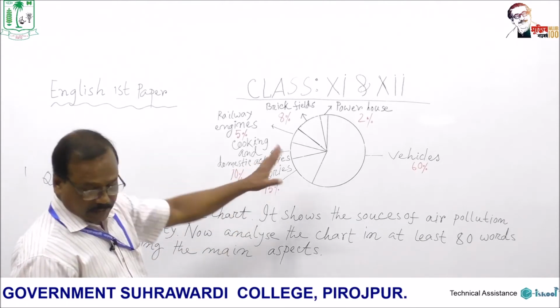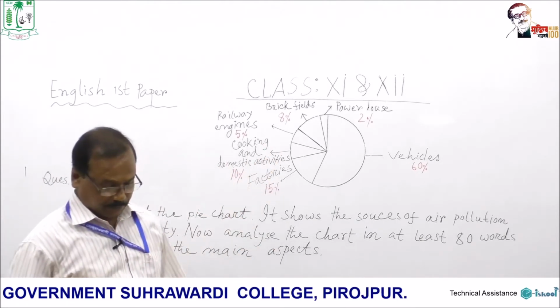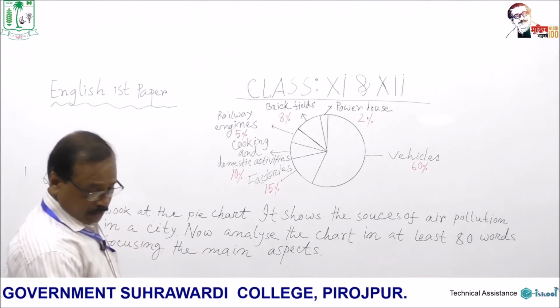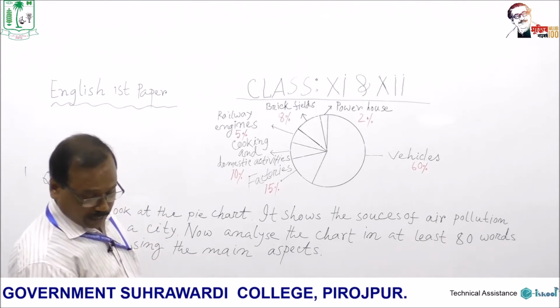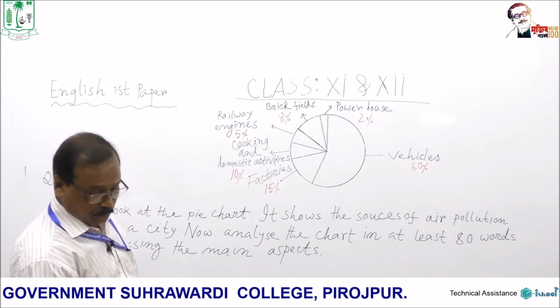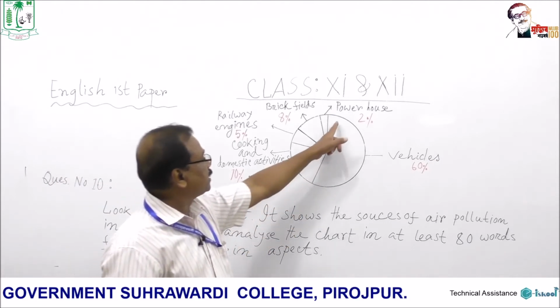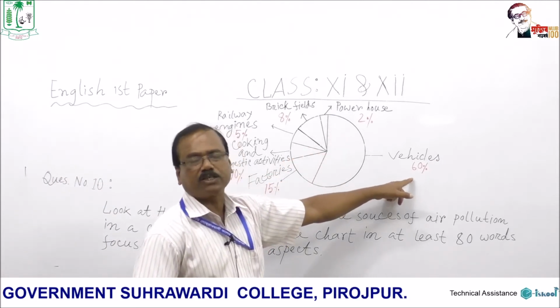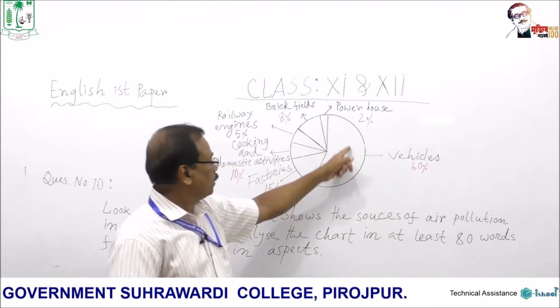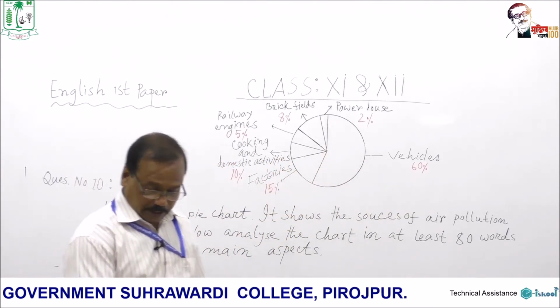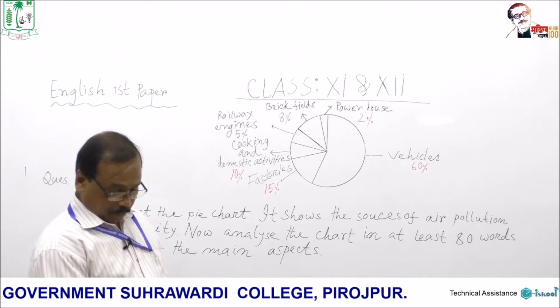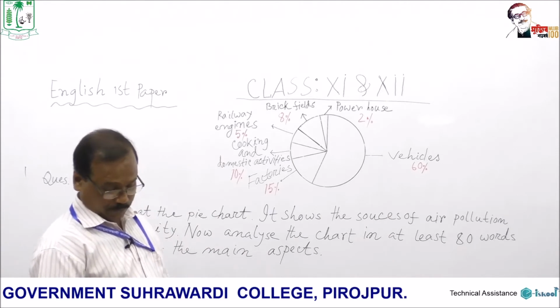What the pie chart shows us is that the highest source of air pollution is vehicles. It covers 60% of pollution, so maximum coverage.